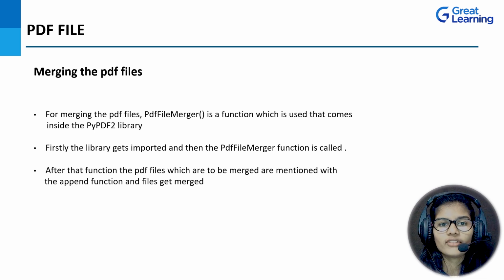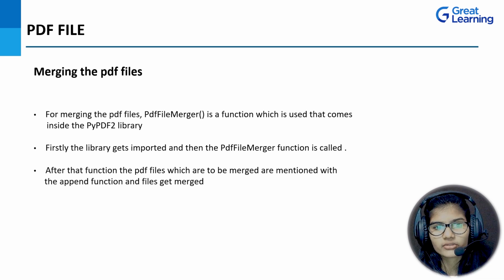After that, the PDF files which are to be merged are mentioned with the append function, and the files get merged. So after calling PdfFileMerger, you mention the names of the PDF files which you want to merge with the help of the append function, and then at last your file gets merged. This is how you merge PDF files with the help of the Python programming language.